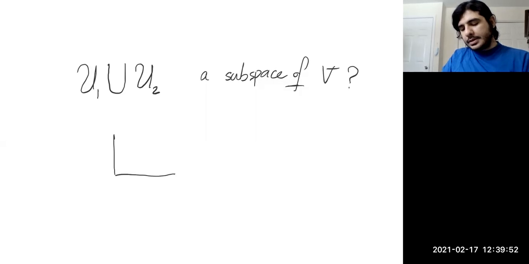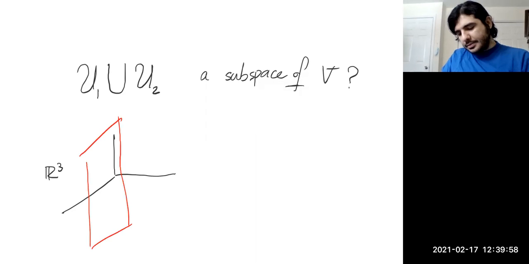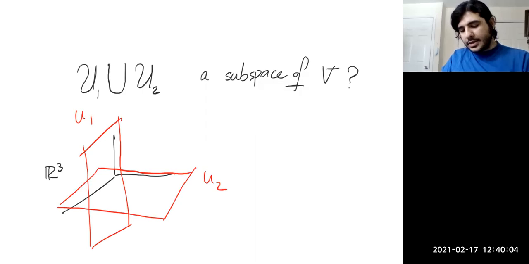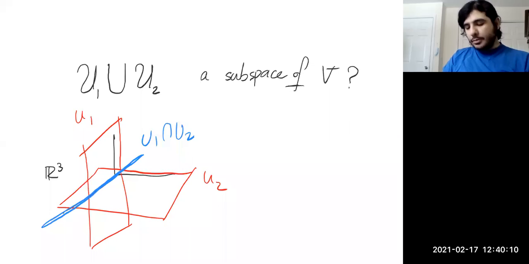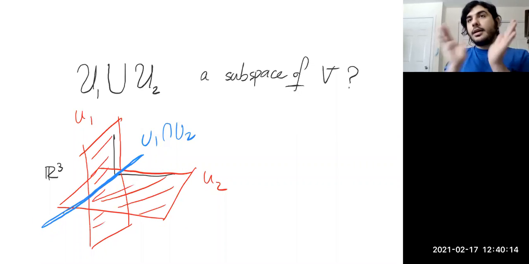So for example, let's say the space is R3. Say U1 is this plane here. U2 is this plane here. Their intersection would be this line, which is a subspace. But the union is the union of this plane and the other plane. And this is not a vector space.